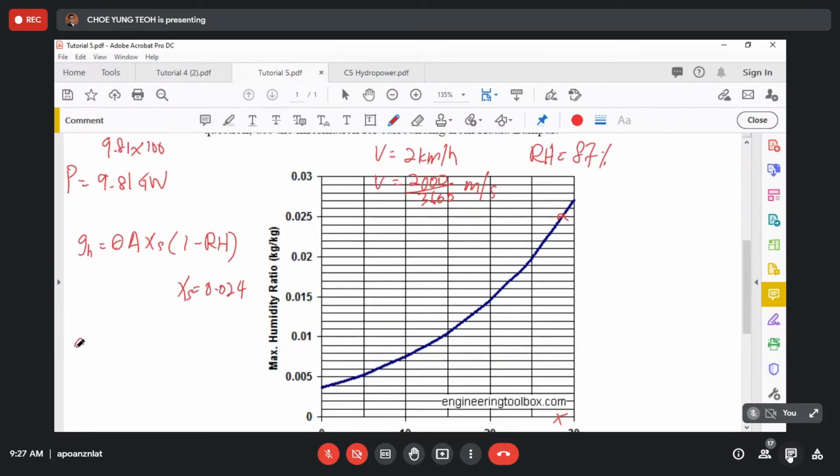So from here, we can get the GH. Theta is 25 plus 19V, where V is the velocity, 2000 divided by 3600, which is 0.56. Then A is 10 times 10 power of 6. XS is 0.024, and 1 minus RH, relative humidity, is 87%.